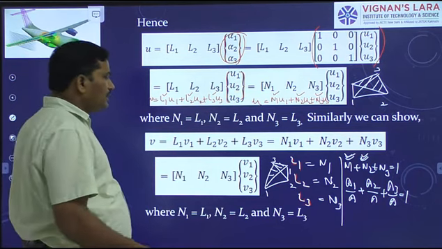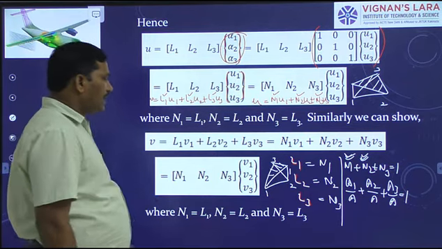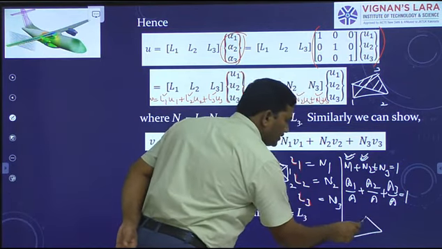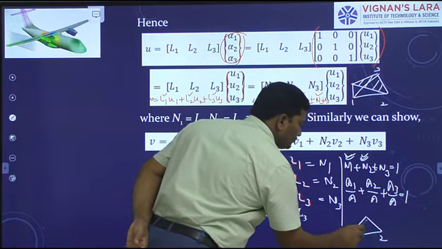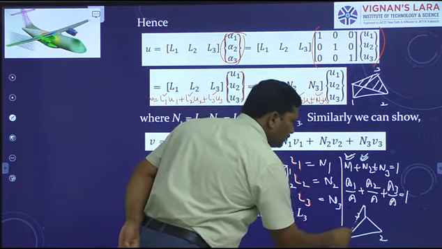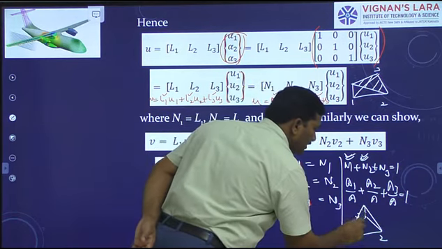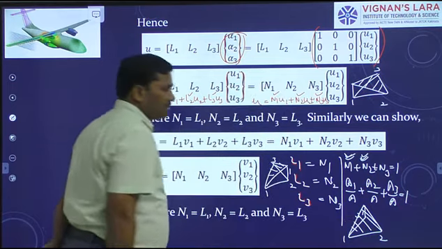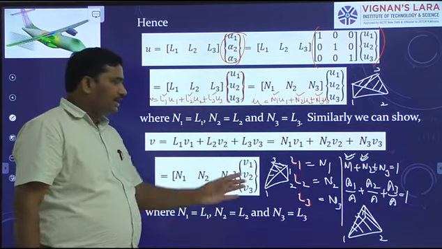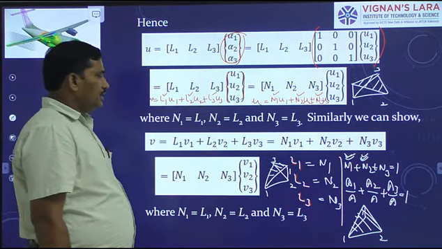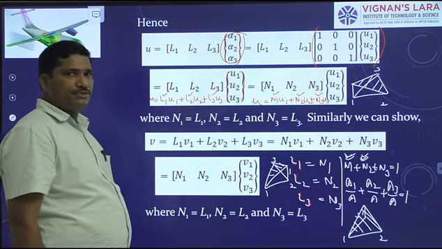Coming to the variation of the shape function N3, I take again a CST element like this. N3 is unity at node 3, therefore I get the variation like this, and it is 0 at the other two nodes. Clear? Thank you very much.